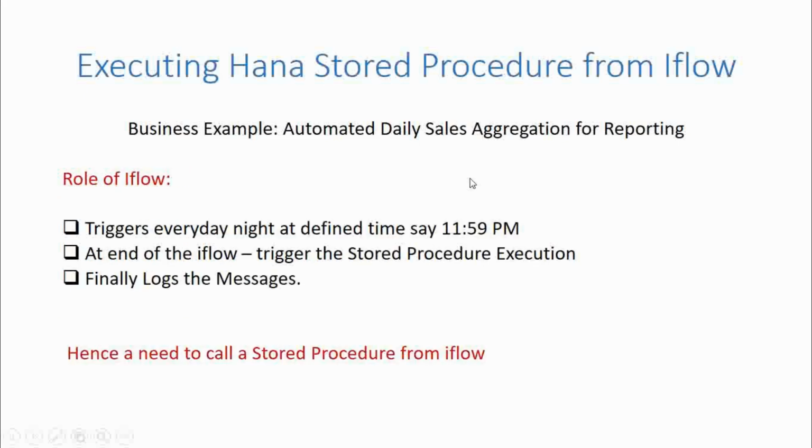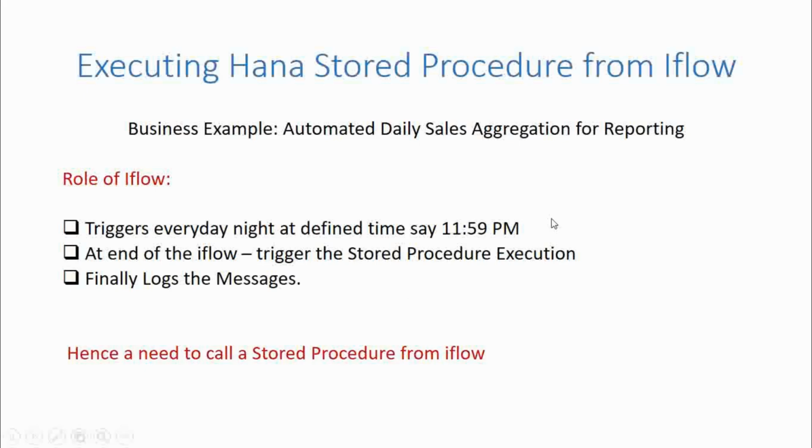Okay, what is the role of the iFlow here? The role of the iFlow is to push the data from the point of sale terminal to the HANA system as a normal integration process. Once the integration process is completed, the stored procedure has to be executed immediately. So how will we know that the data is complete and the stored procedure has to execute?